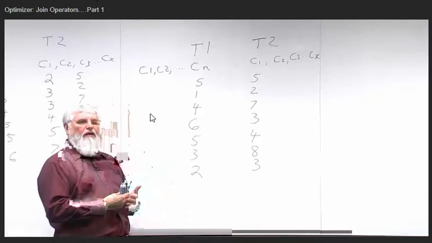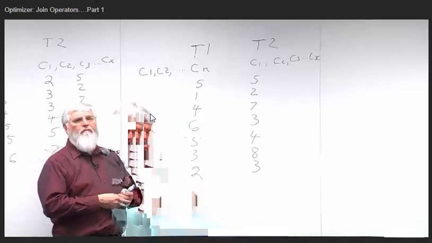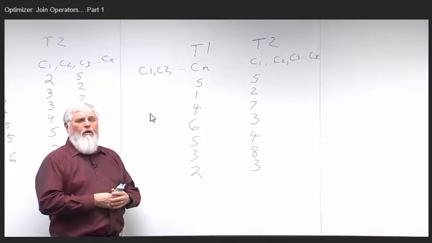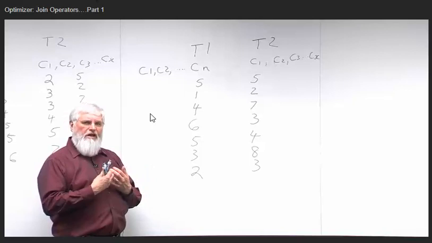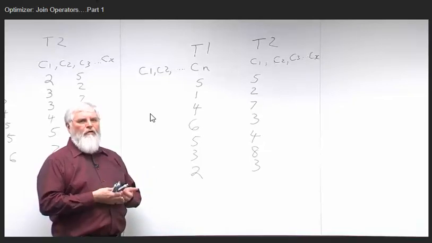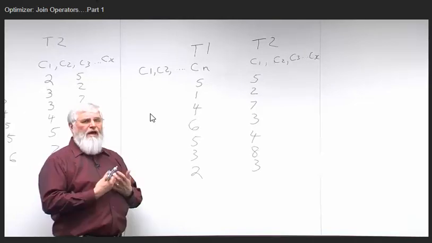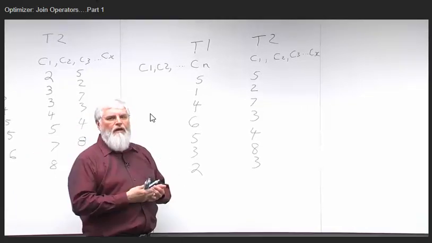One way is to use the data the way it's on the disk right now and just do it as a form of a loop. In reality, the optimizer actually won't do this because it tends to be a very expensive way of implementing a join condition. But in theory, we can talk about it. And then we'll talk about the one case it does use it for, the Cartesian product.